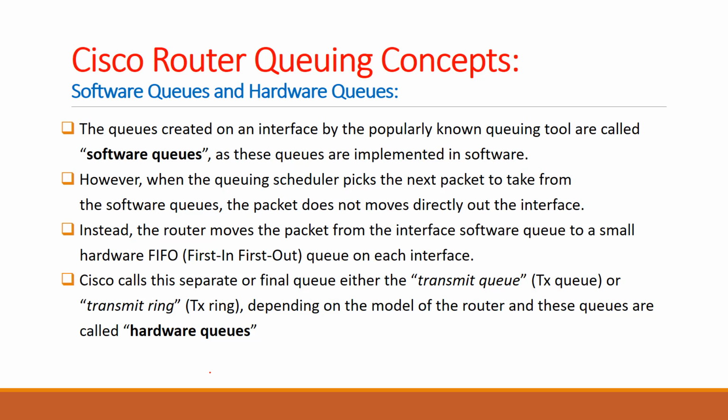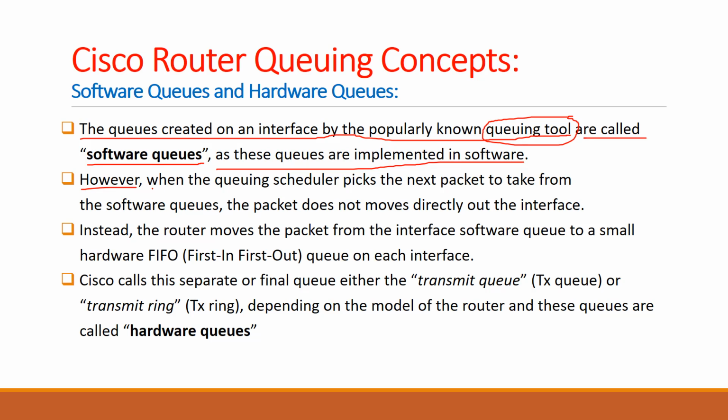So let's discuss the software queues and the hardware queues. The queues created on an interface by the popularly known queuing tool are called software queues. So what creates software queues? The queuing tool, as these queues are implemented in software.